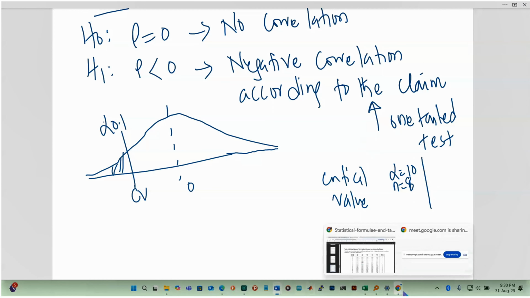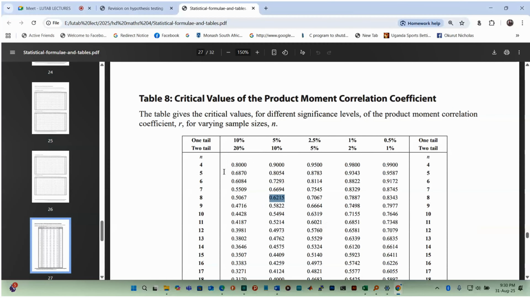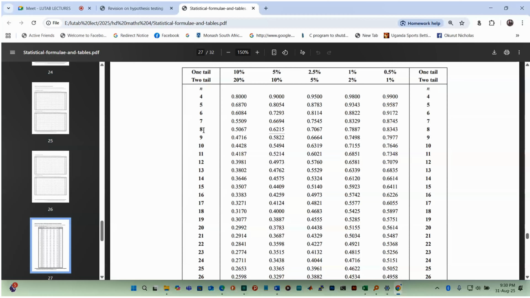So we shall just go to our table and look for 8 and the one-tailed test. Then we go to 10. Okay, go to 8, then move along, pick a value below the column of the significance level.